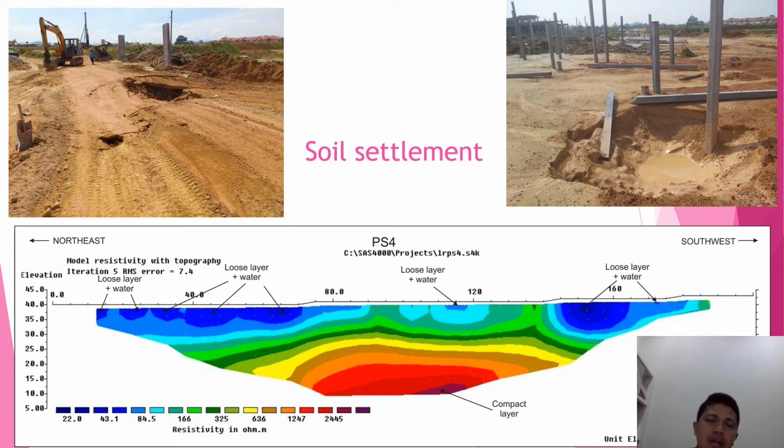As a geologist or geophysicist, we can identify the soil profile here, the thickness of the embankment, and then from that we can advise them where the compact layer is. So maybe here they need to pile based on this depth.